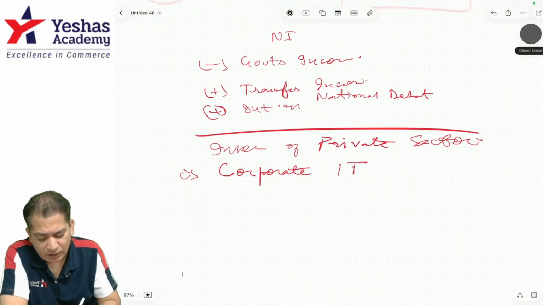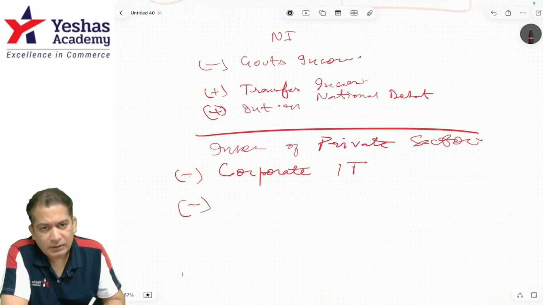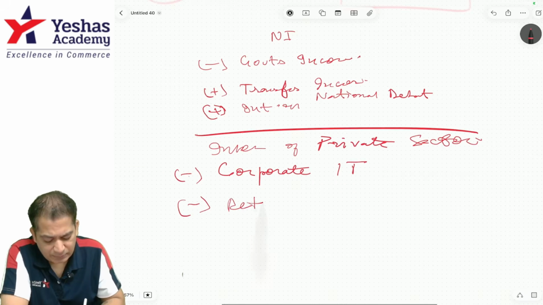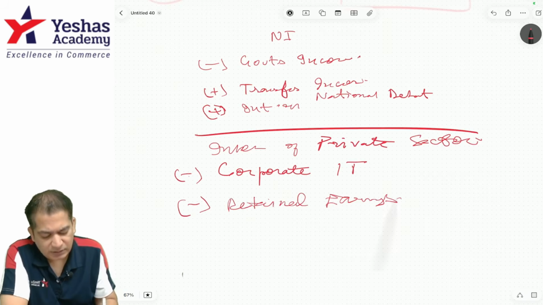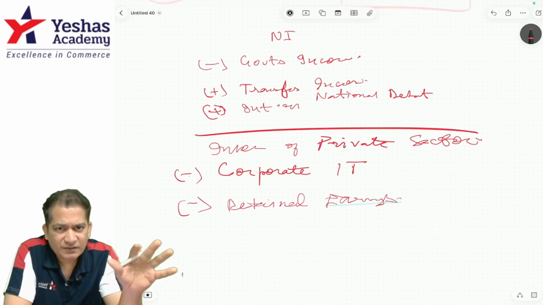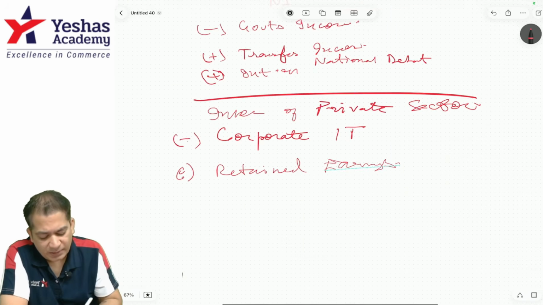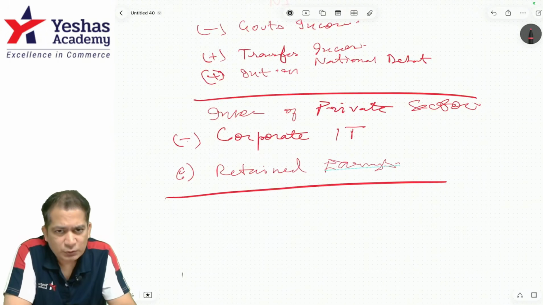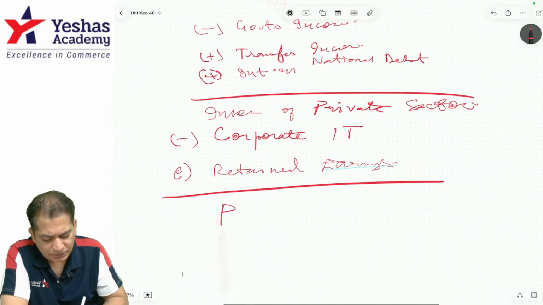This doesn't go to the household. And retained earnings, the earnings that the company keeps with itself, don't go to the household. The remaining will be distributed as dividend to the household. That will give you personal income.